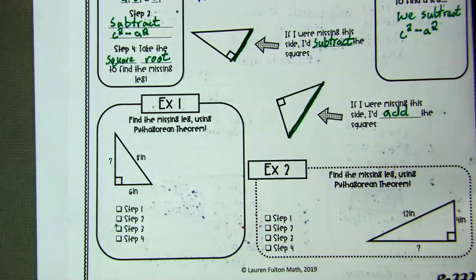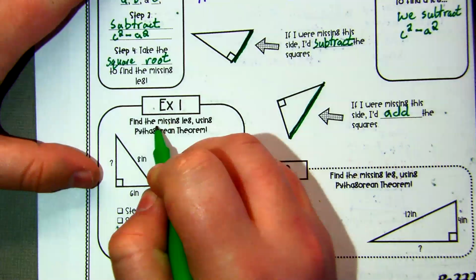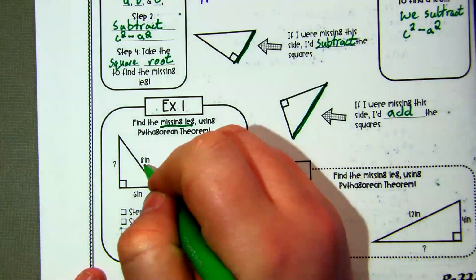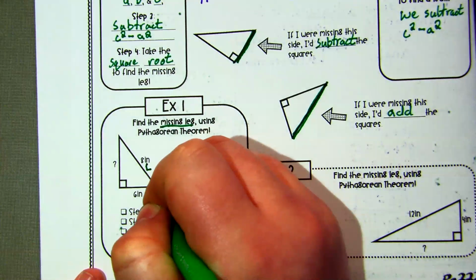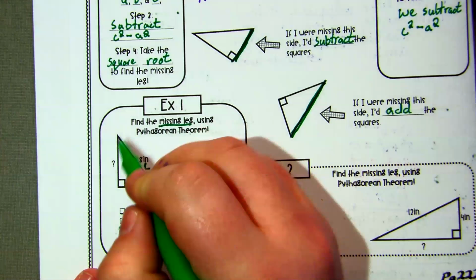So in example 1, we find the missing leg using the Pythagorean theorem. Just like before, we are going to label first our hypotenuse, our known leg, and our missing leg.